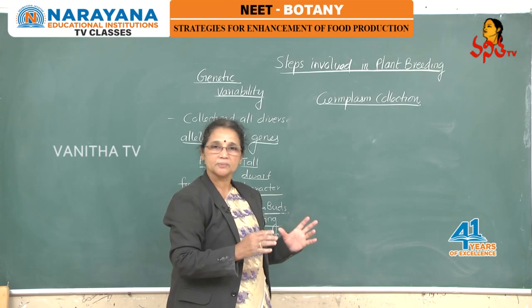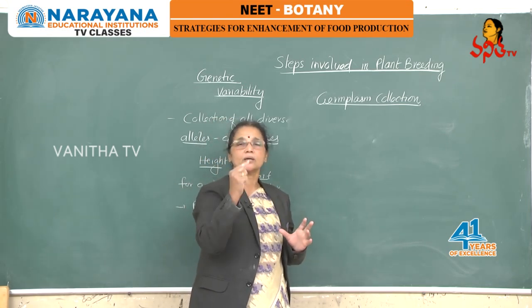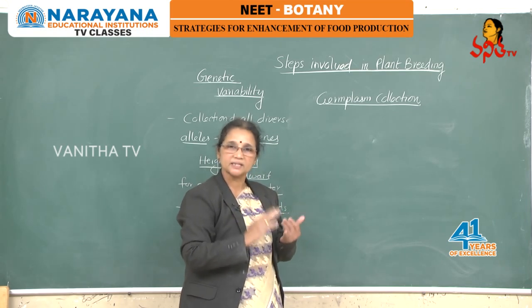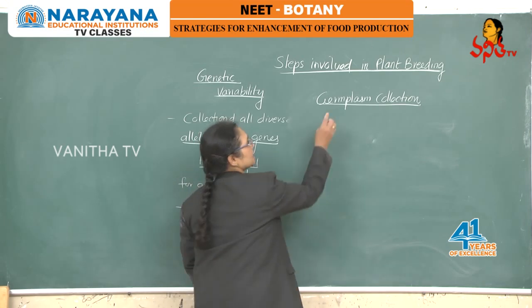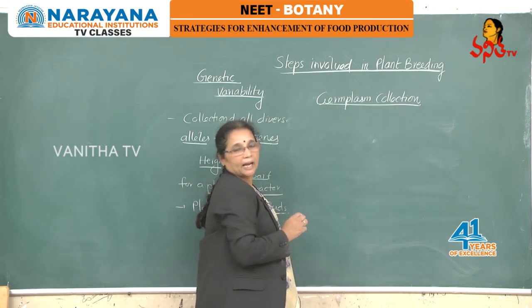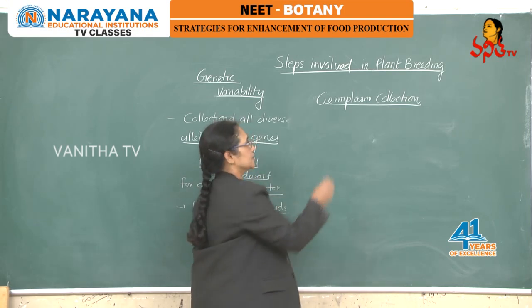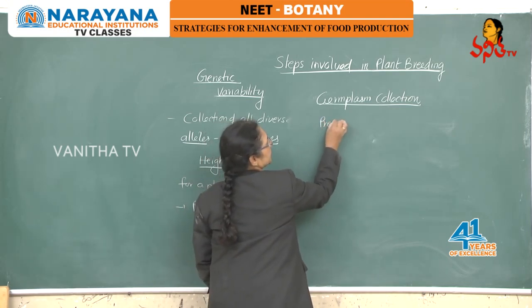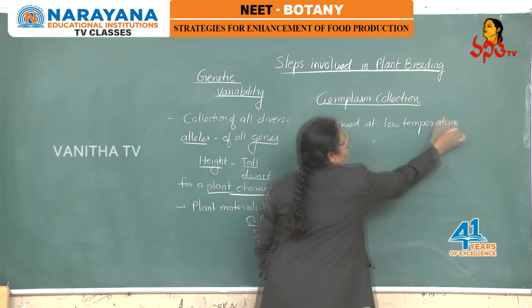So what is germ plasm collection? Collecting all the diverse alleles for the genes for a crop plant in the form of seeds, buds, bulbils and propagules is called germ plasm collection. And after the collection, all these materials are preserved at low temperatures. For what purpose?